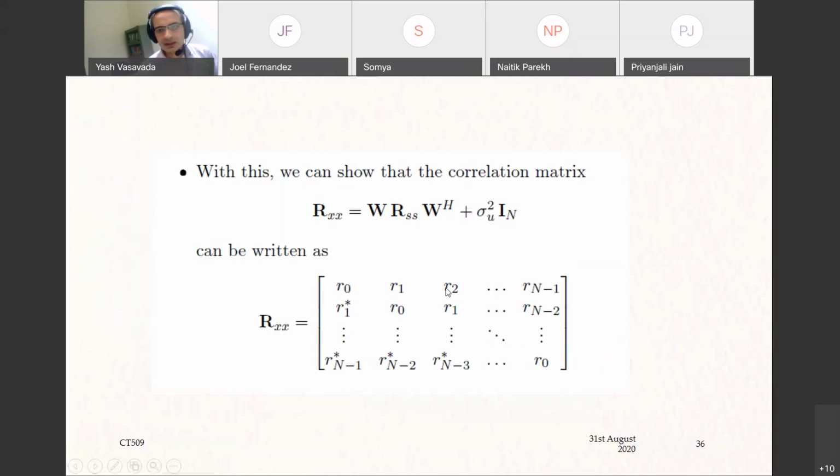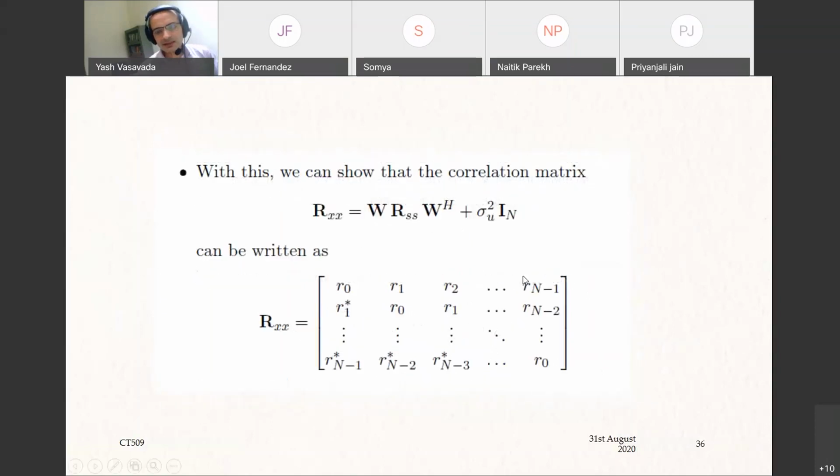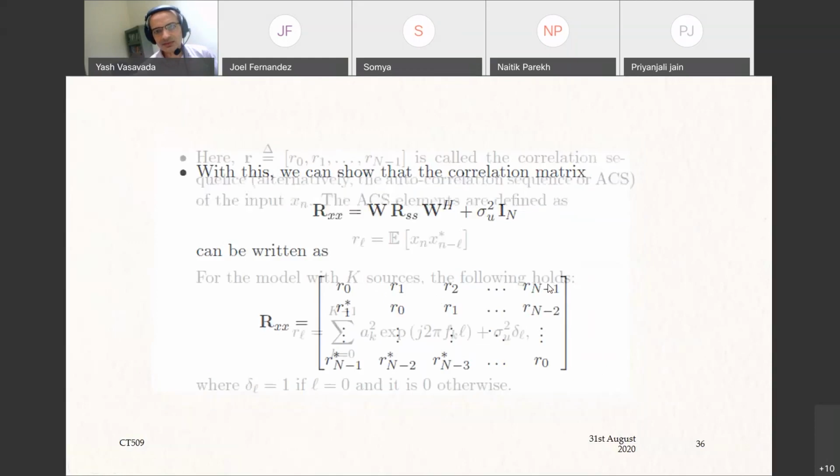And what are these R values? Remember, there are a total of capital N R values. This entire matrix is N cross N. The part which I would like you to show is that this entire matrix is uniquely formulated by just its first row, R0, R1, R2, up to R N minus 1.